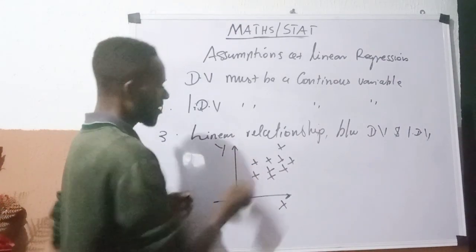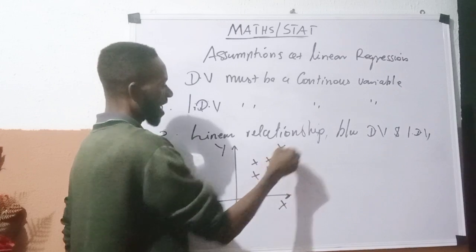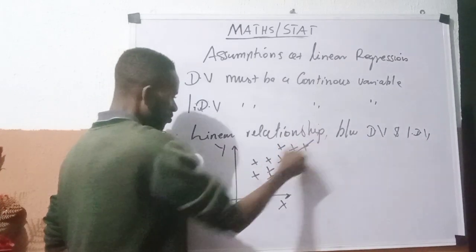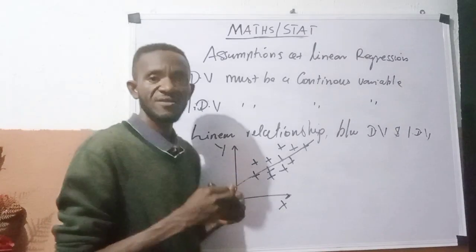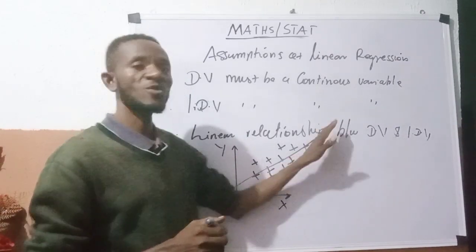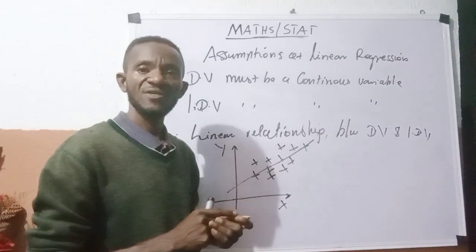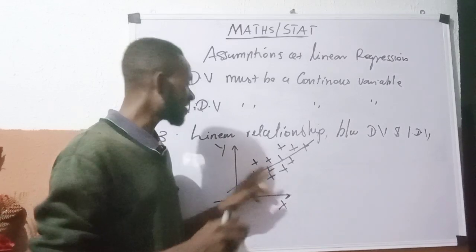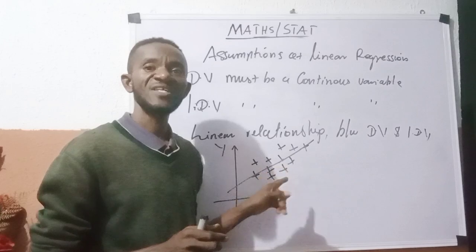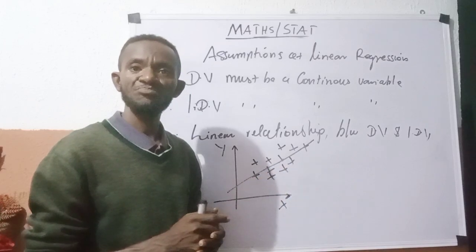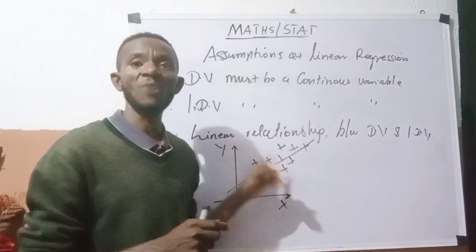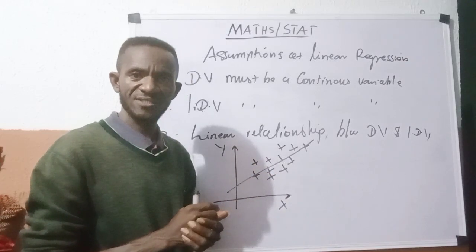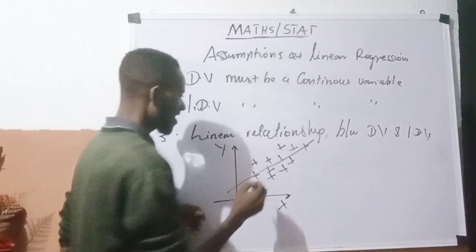Okay? When you have something like this, you can use a line to join the points. In this case, you have what we call a positive linear relationship, and the slope is positive. Slope means change in y over change in x.